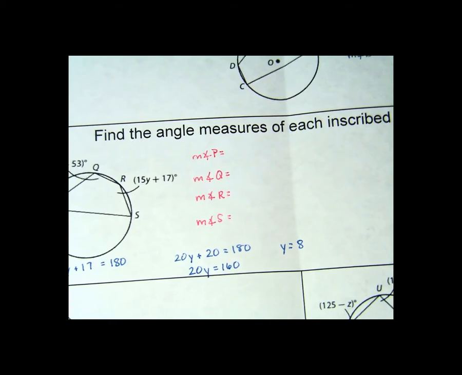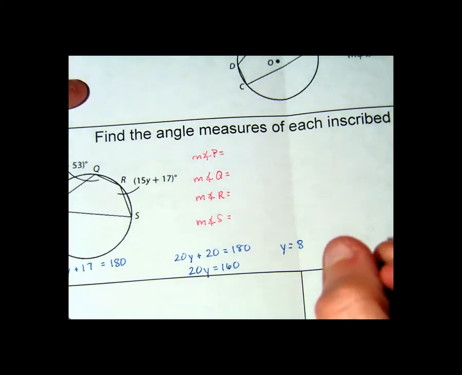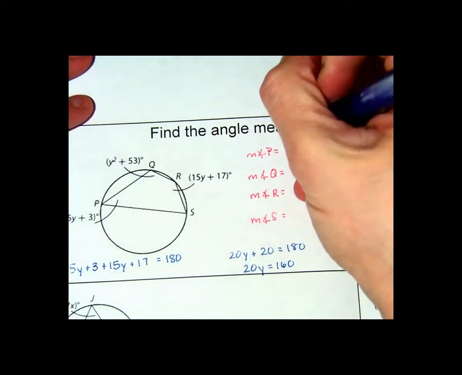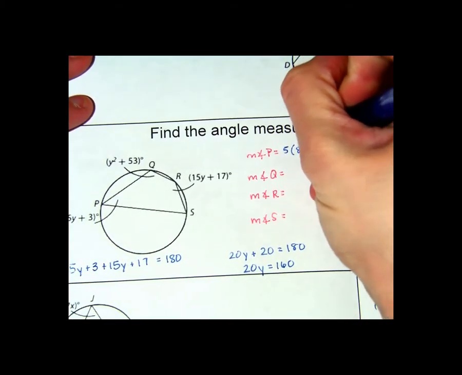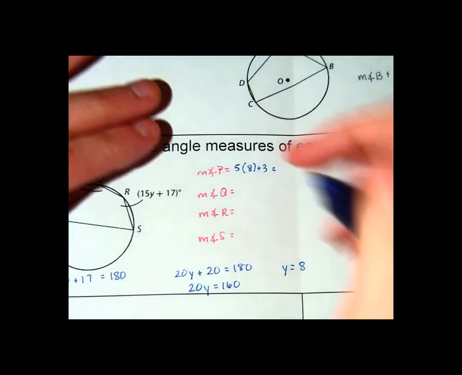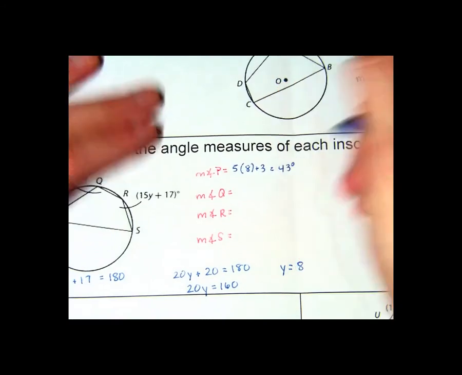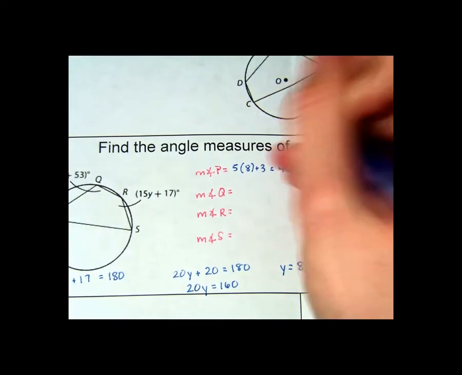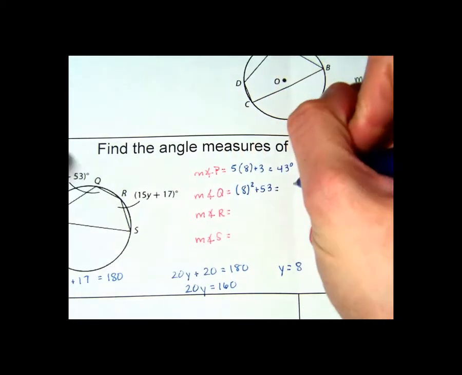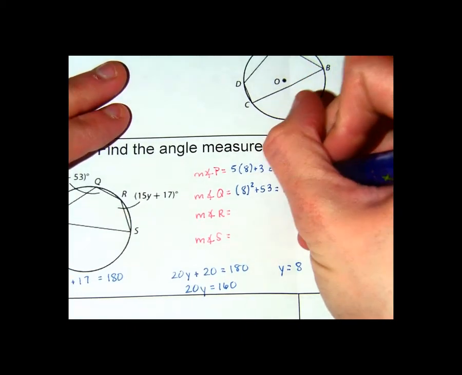Now we're going to plug that back in to find the measures of each. So let's start with P. P is 5 times 8 plus 3, which is 43 degrees. Q is 8 squared plus 53, and that is 117.